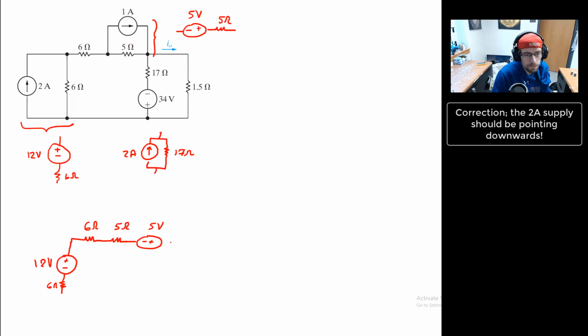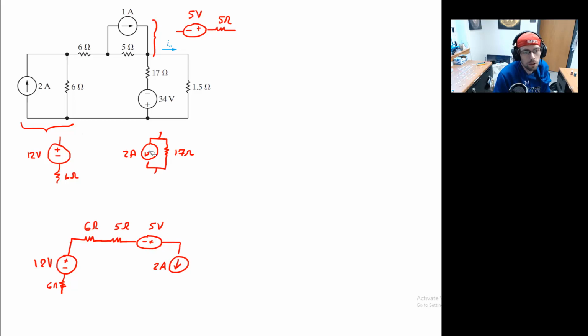Okay. And then we have a branch with a 2 amp. Excuse me. Look at this, right here. That's the wrong direction. Should be down. There we go. That's an ugly down.